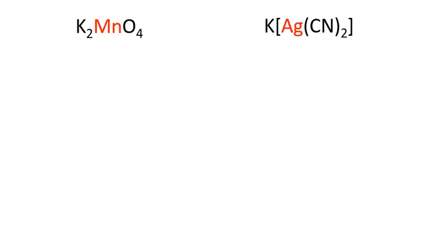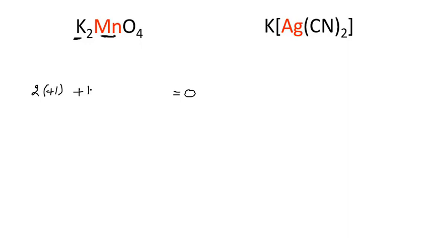Now we move on to the next complex. Well, here we have K2MnO4. For manganese we have to calculate the oxidation number. It is a neutral molecule, so the total oxidation number of all the elements is equal to 0. Potassium is a first group element, and first group elements always show +1 oxidation number. There are 2 potassium, so I multiply by 2.